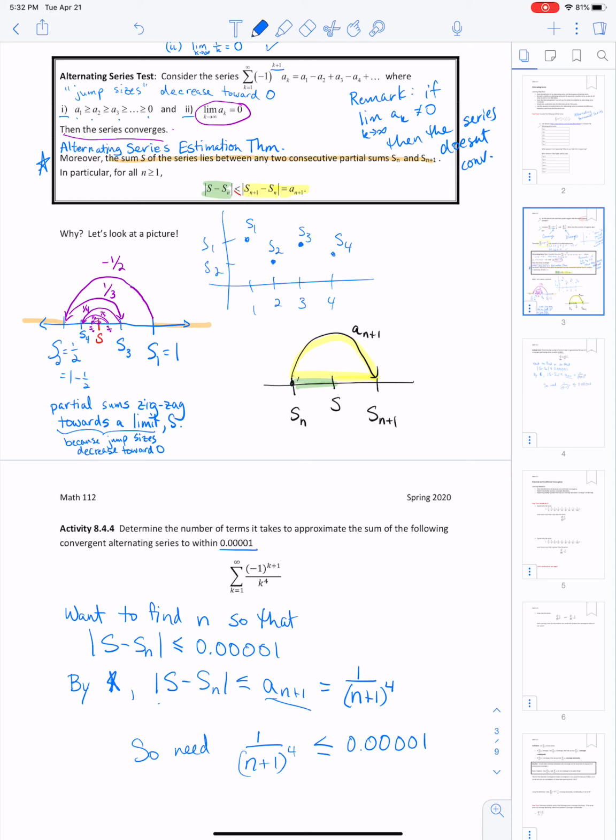So let's see, 1, 2, 3, 4, 5. So this is 10 to the minus 5.